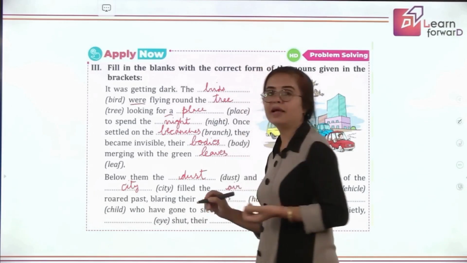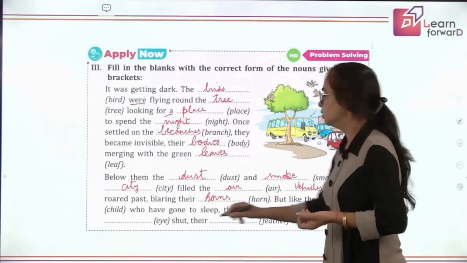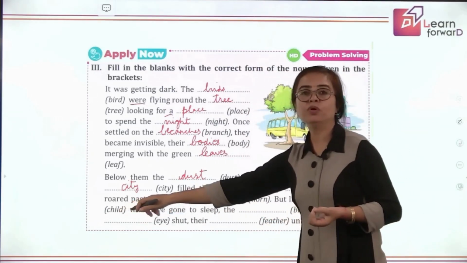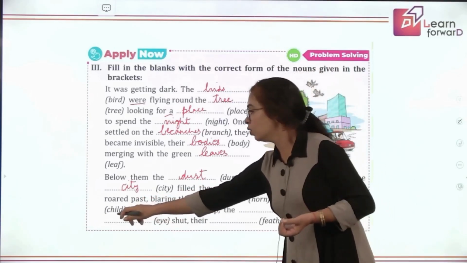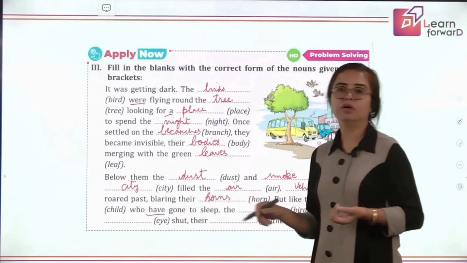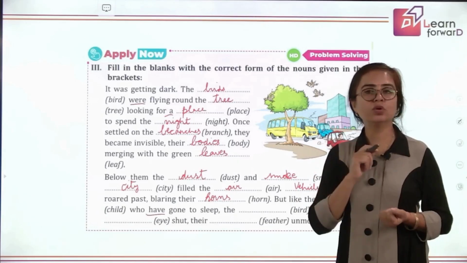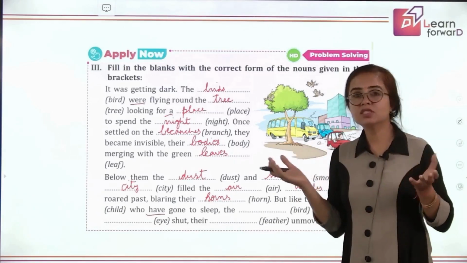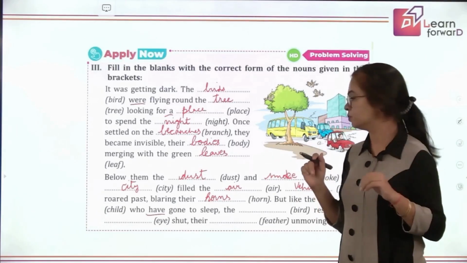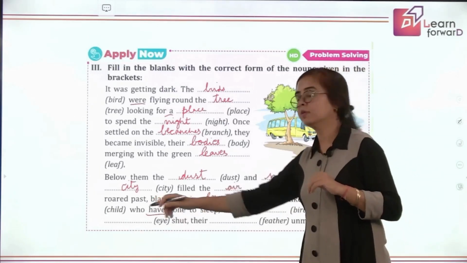But like the child, you'll use singular or plural, it depends here. We are talking about child who have. And have is used with singular or plural? Yes, it's used with plural. You have learned in verbs earlier. So we'll be using the plural of child.